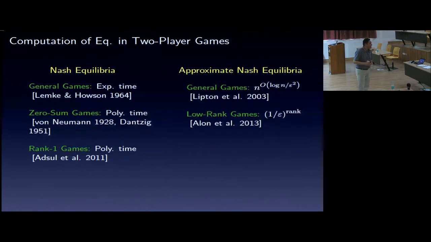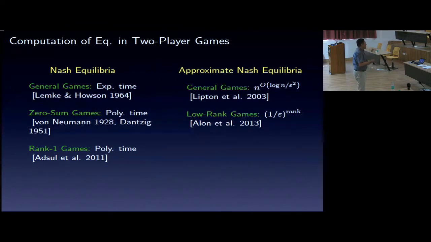It's very nice in and of itself. But again, if your game is structured in the sense that it has low rank, you are good. Then you can find an epsilon Nash efficiently. There are some poly terms I'm ignoring here, just for ease of presentation.